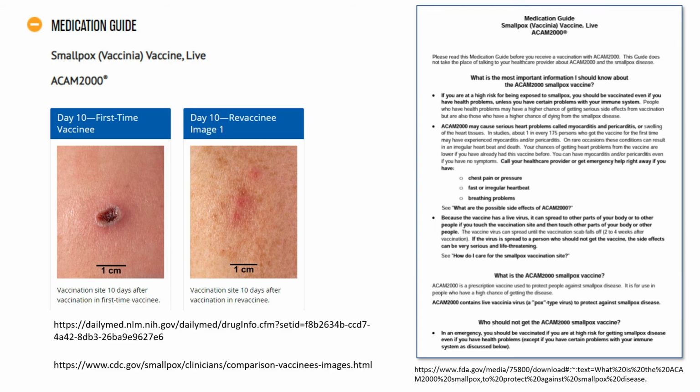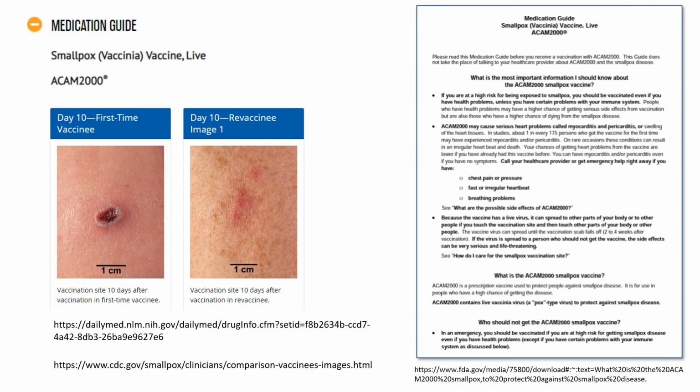In some instances, patients receive a medication guide that explains using patient-friendly terms what to do in case of complications. Specifically, the Medication Guide for the Vaccine Against Smallpox, ACAM 2000, lists myocarditis and pericarditis as possible side effects and advises patients to call their healthcare provider or get immediate emergency help if they experience chest pain or pressure, fast or irregular heartbeat, or breathing problems.